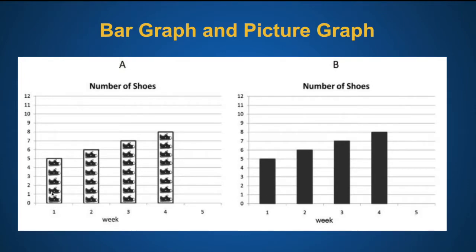So altogether, in week 1, there were 1, 2, 3, 4, 5 shoes, because you can count the shoes, or you could go over to the scale on the side. On the bar graph, in week 1, you would just go up to the top and see that there were 5. Most of our work today is going to be with bar graphs, because that's the most common graph you're going to see out in the world.